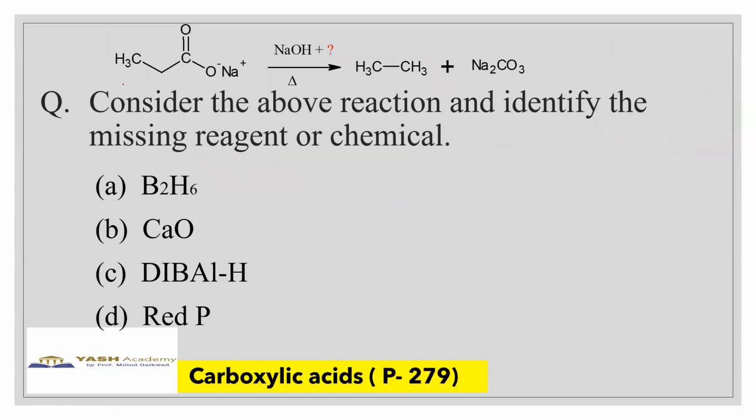Now here a reaction is given. CH3CH2COONa, sodium propanoate, the sodium salt of an acid, is given. Then NaOH plus a question mark, heat, CH3CH3 ethane is formed and the byproduct is sodium carbonate. Consider the above reaction and identify the missing reagent. The question mark is the missing reagent, and you have to find it from the given options: B2H6, CaO, diisobutyl aluminum hydride, or red phosphorus.